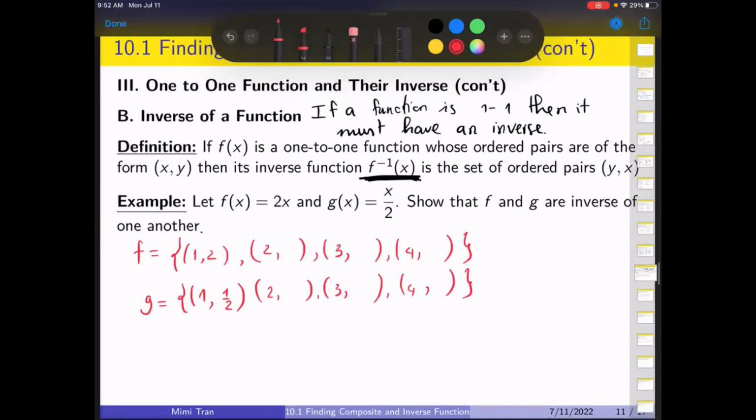All right, so if x is 2, 2 times 2 is 4. If x is 3, 3 times 2 is 6, 4 gives 8. What about g? You know what? I don't like the fraction.